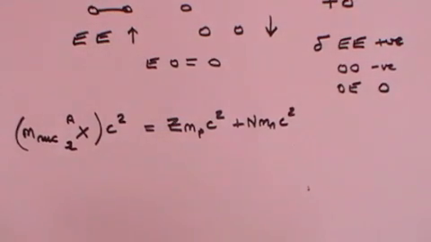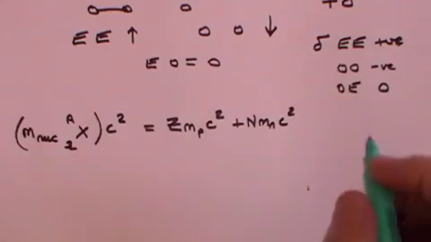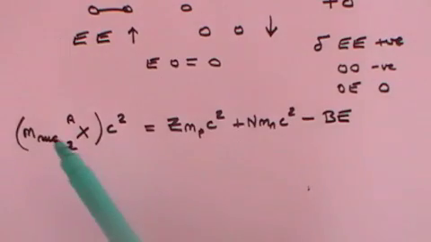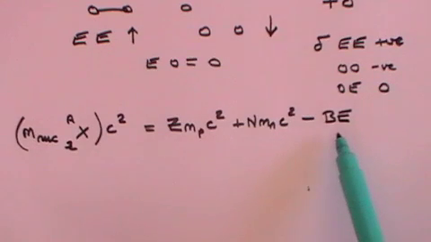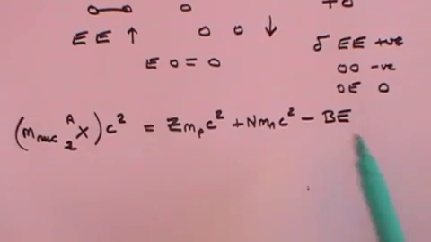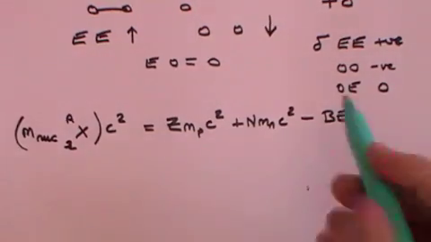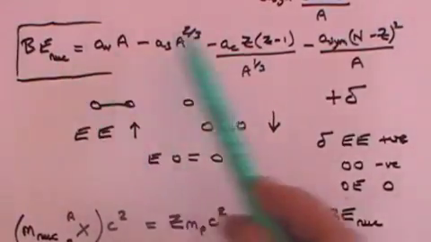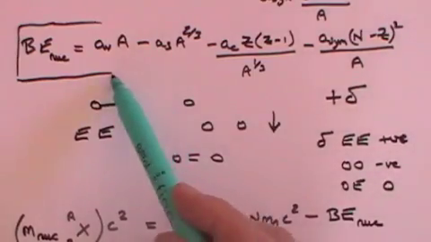That's the individual masses of all the protons plus the individual masses of all the neutrons, minus the binding energy. Because when you form a nucleus, you lose some of this mass. Some of this mass is taken away and is converted into energy called the binding energy. But we've just calculated that nuclear binding energy. It's this great long formula here.